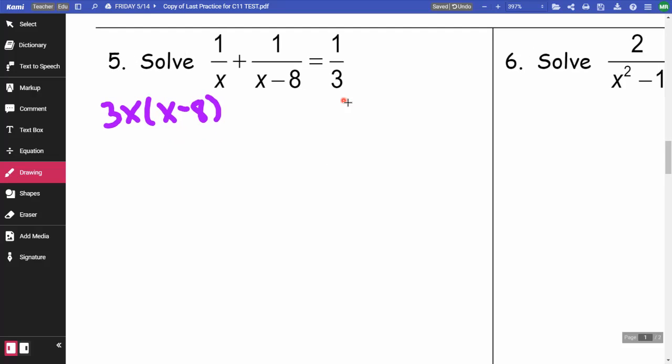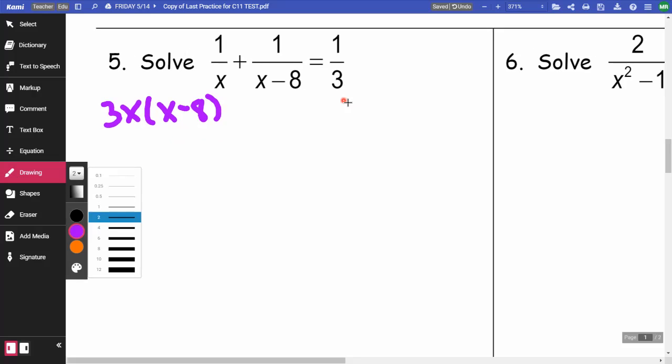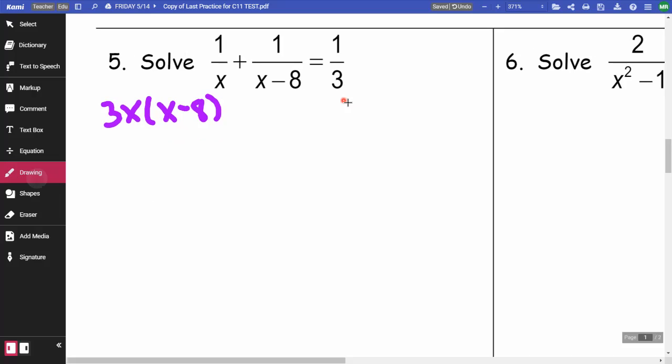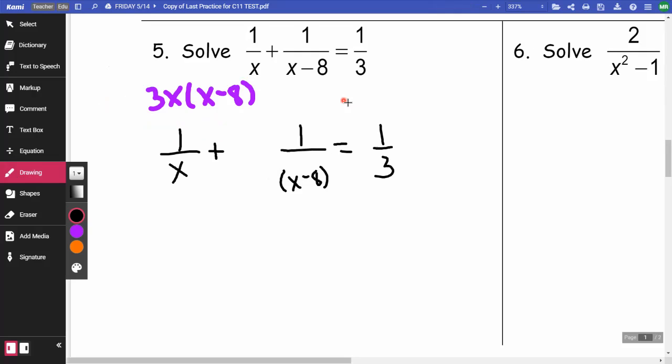Okay, so I'm going to multiply that times, and let me write this a little smaller. Okay, so I'm going to do that for my 1 over x. I'm going to leave some space here. My 1 over x minus 8 and my 1 over 3. So I'm multiplying everything by 3x times x minus 8.